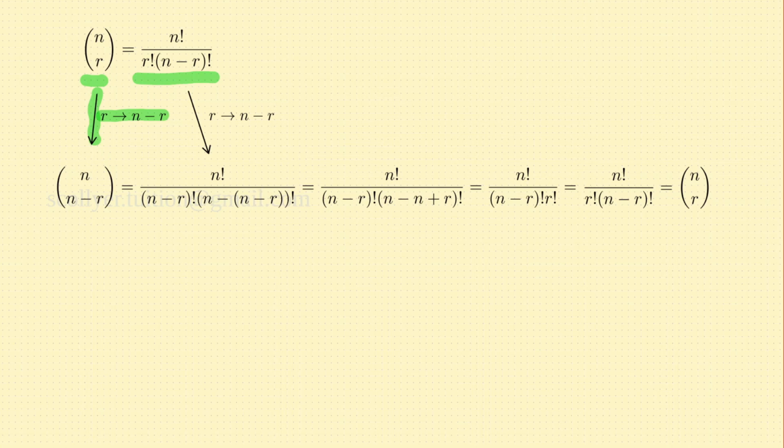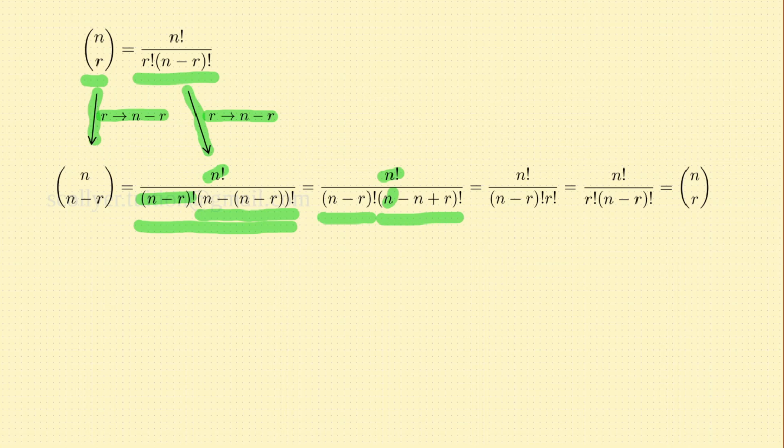Doing the same thing on the right-hand side of that equation, r goes to n minus r turns n factorial over r factorial times n minus r factorial into n factorial over n minus r factorial times n minus n plus r factorial.